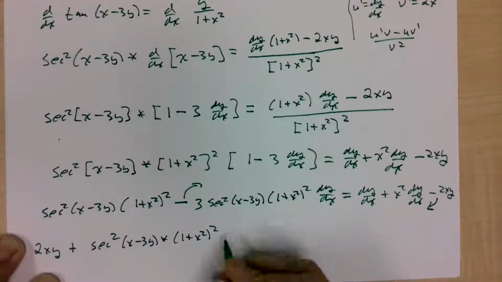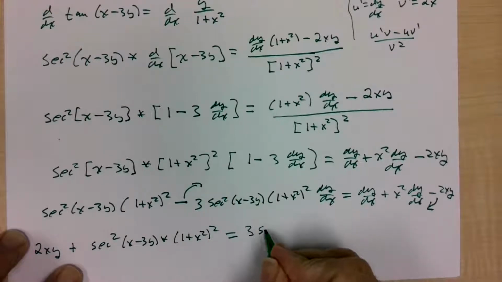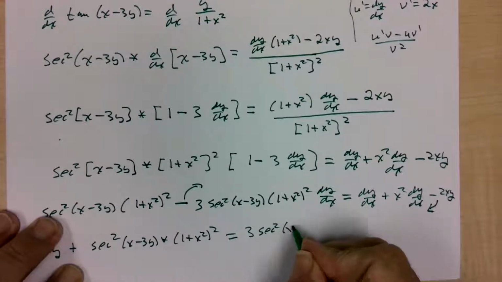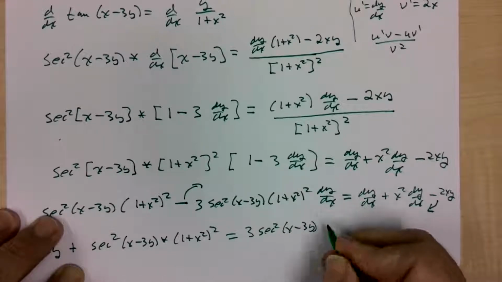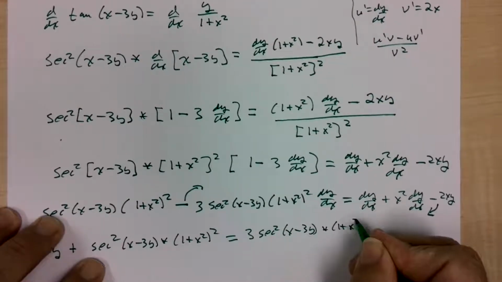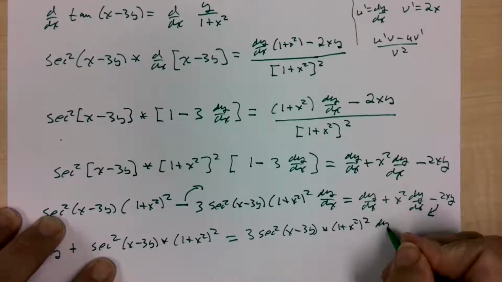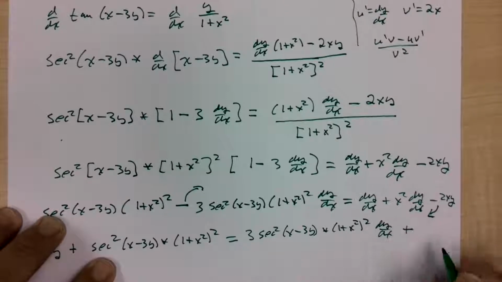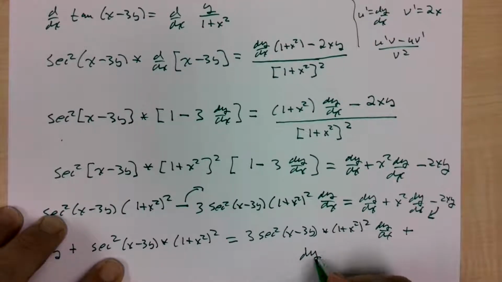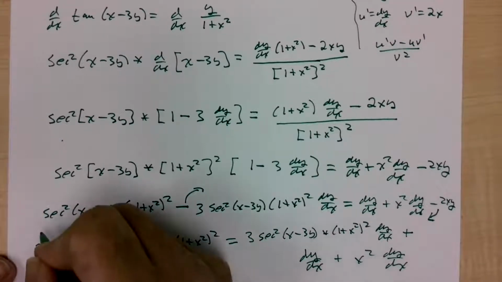And then on the right side, I'm going to move that over, so it'll become positive 3 secant squared x minus 3y times (1 plus x squared) squared dy/dx plus dy/dx plus x squared dy/dx.